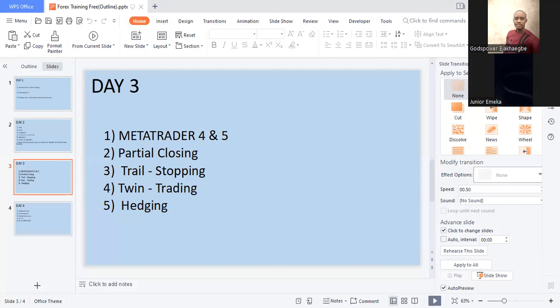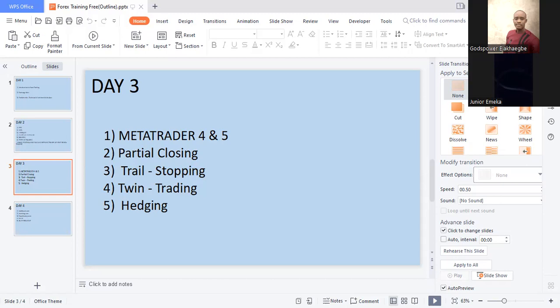Now, there are many differences between MetaTrader 4 and 5. One, MetaQuotes Language 4 is what is used to design MetaTrader 4, and MetaQuotes Language 5 is what is used to design MetaTrader 5. There are also numerous technical supports. If there's one thing I want us to go into straight, it is that MetaTrader 4 has 4 types of pending orders, while MetaTrader 5 has 6 types of pending orders.